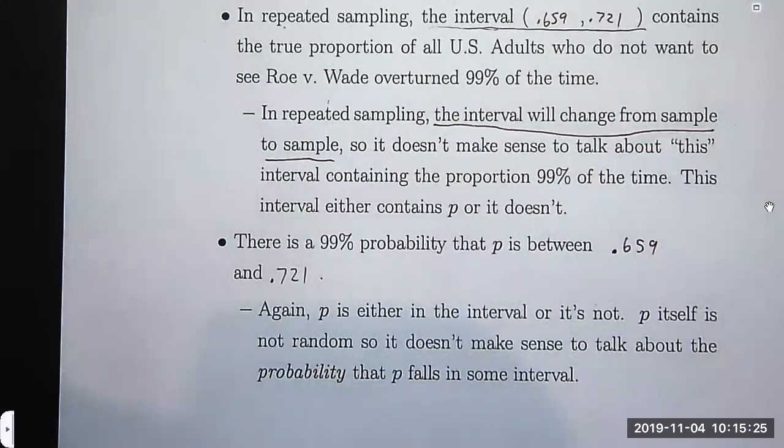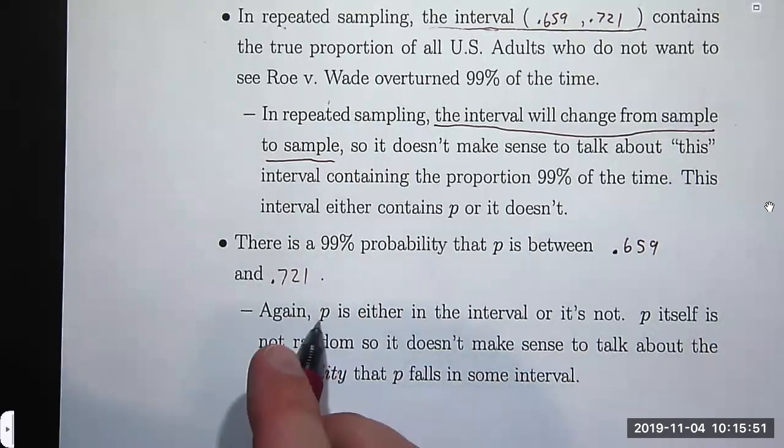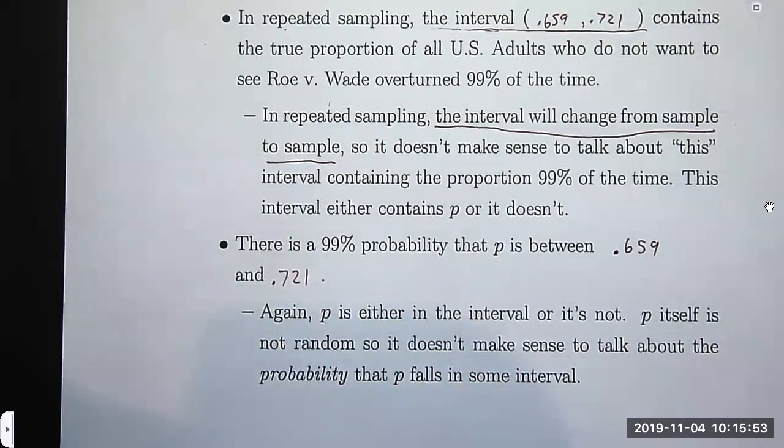The probability comes from saying that the chance of getting an interval that contains P is this percentage, not that P itself is in this specific interval. So what's varying here is the interval, from sample to sample, not P itself. There's just one value for that. Questions with that?